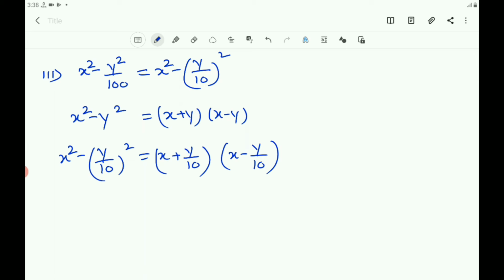In this way you factorized the first one 9x² + 6xy + y², second one 4y² − 4y + 1, third one x² − y²/100 by using the suitable identities.